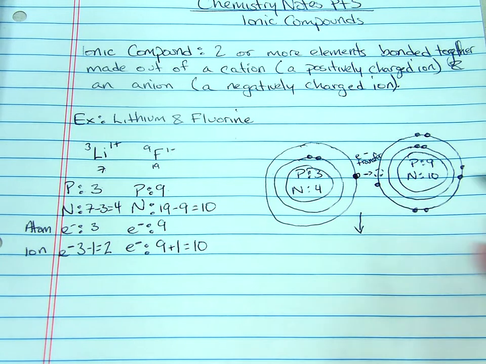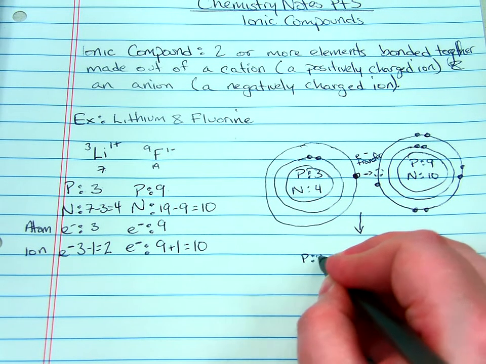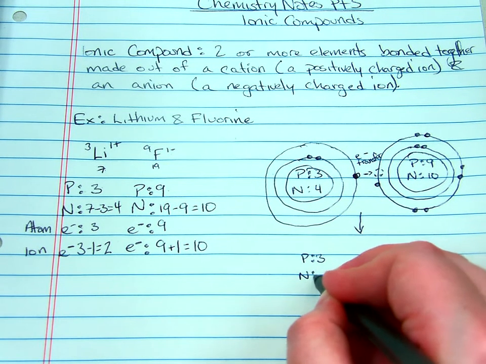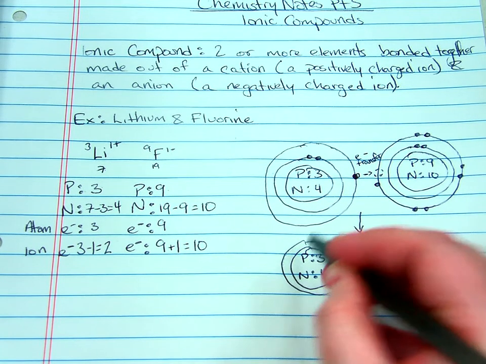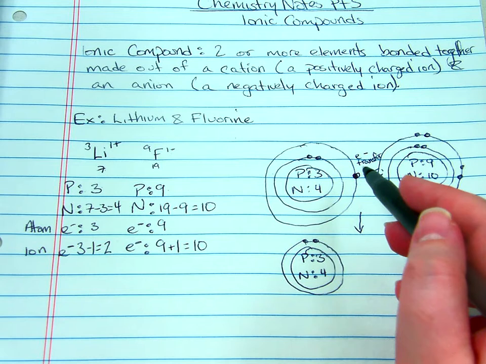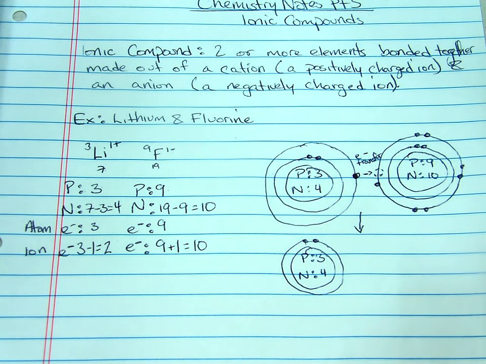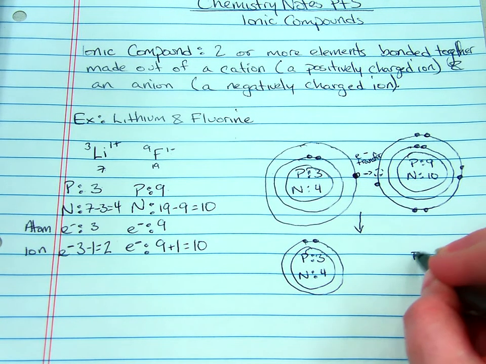Then, once that happens, we have something that looks like this. Protons 3, neutrons 4, wrapped in the nucleus. And now we just have the 1 shell with 2 electrons because that 3rd electron is lost. As far as our fluorine goes, it's now going to have 2 full shells.